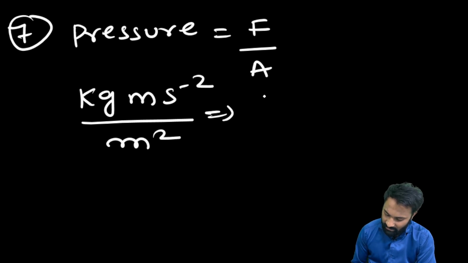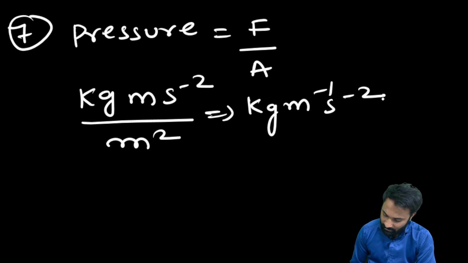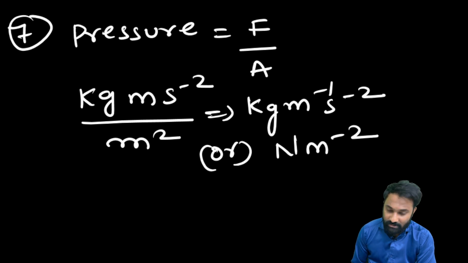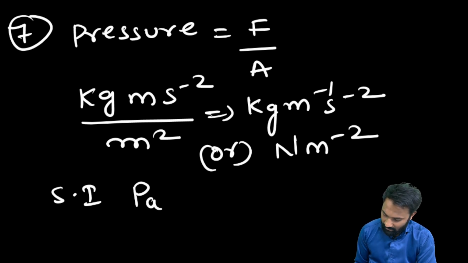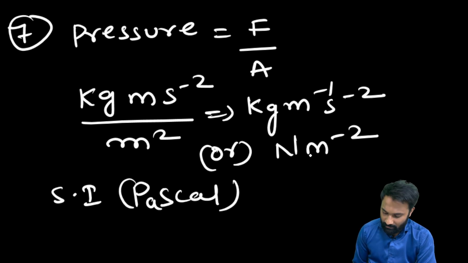So this one we can say as kg meter inverse second inverse square, or we can say this as Newton meter inverse square. Clear? Now the SI unit of pressure is Pascal. Clear? Done.